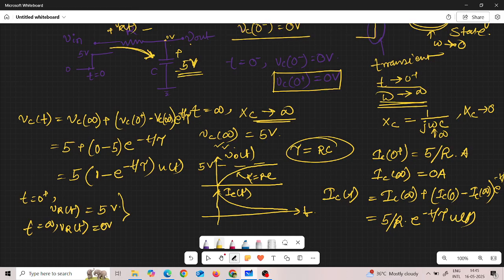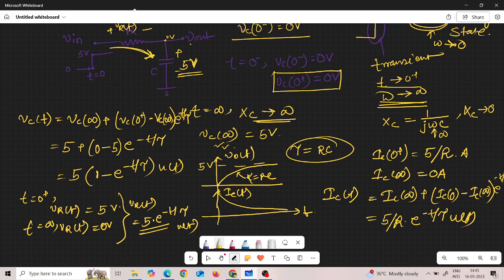So simply the equation of the resistor voltage will be 5 into e to the power minus t by tau into u(t). It will reduce exponentially from its initial voltage of 5 volts. In this way you can analyze the simple RC circuit.